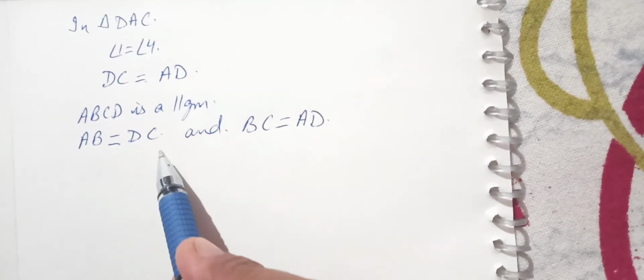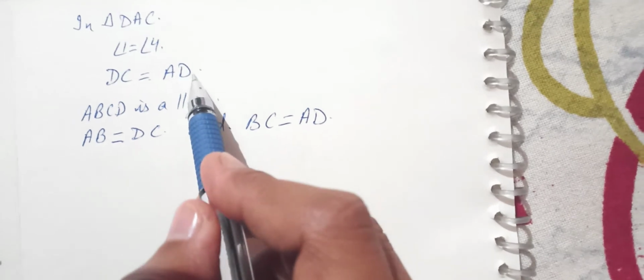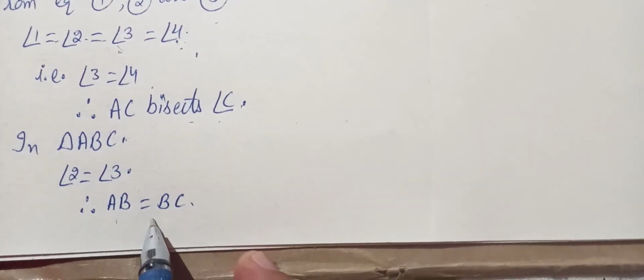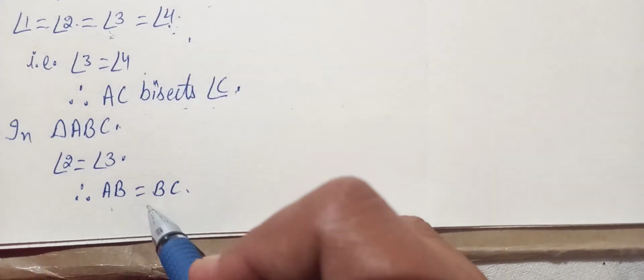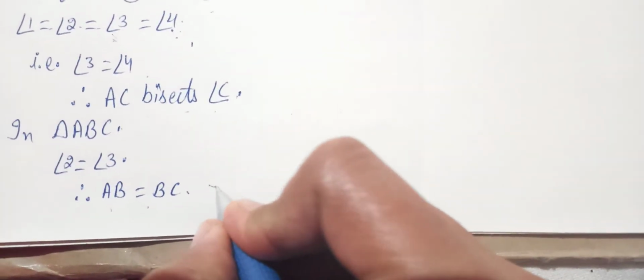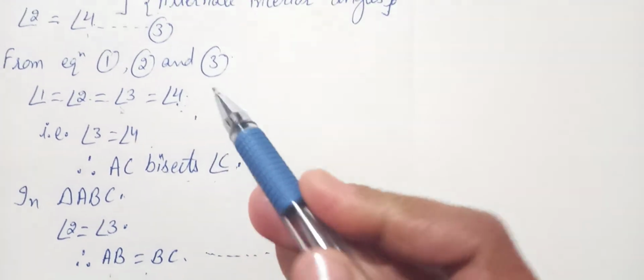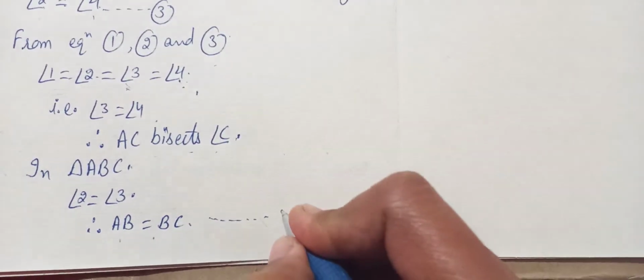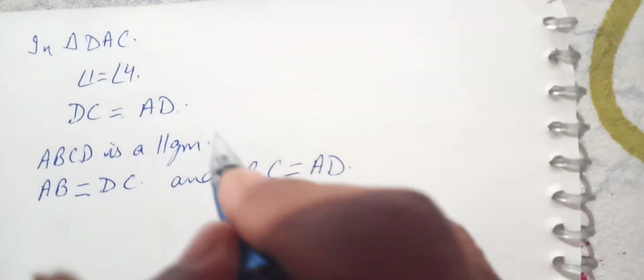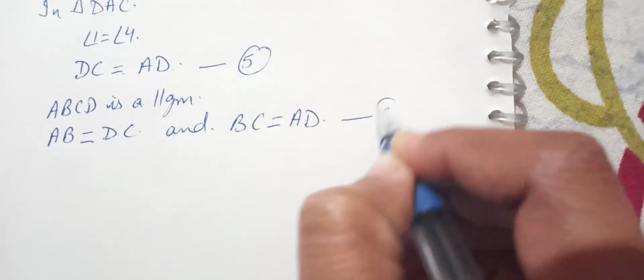So we have one condition this, second this one, third is this one, and which is the fourth one? Fourth one is this one. AB is equal to BC. Okay, so let us mark this. Before this we have marked till equation number 3. Now we will mark equation number 4 here, and here we will mark equation number 5, and both of these we will mark equation number 6.